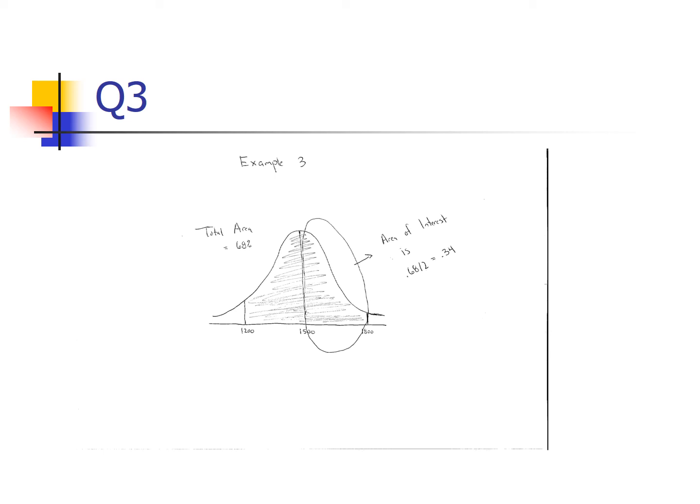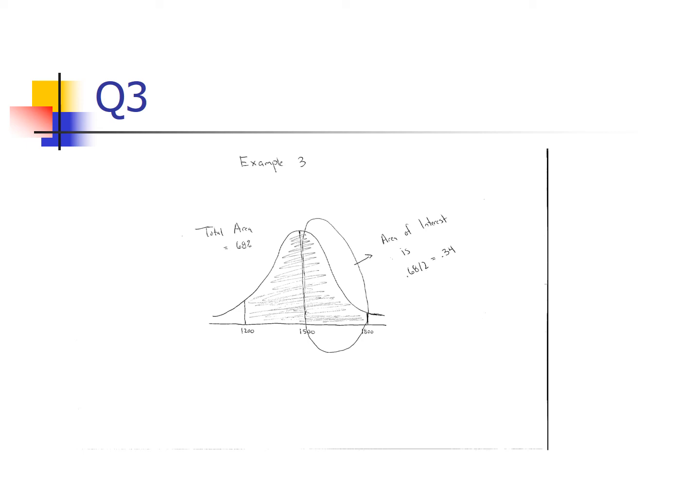Based on the picture we already drew for question 1, we know that means that 68% is between 1200 and 1800. However, I'm only interested in the area that I circled there. I'm only interested in the percent of people from 1500 to 1800.